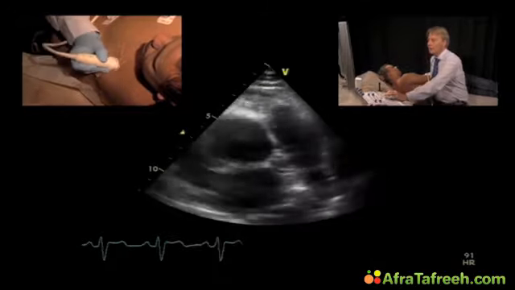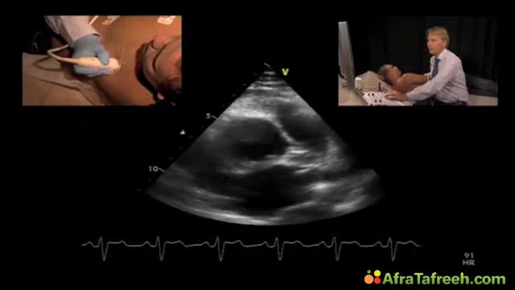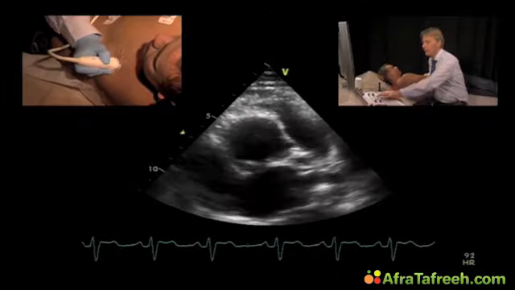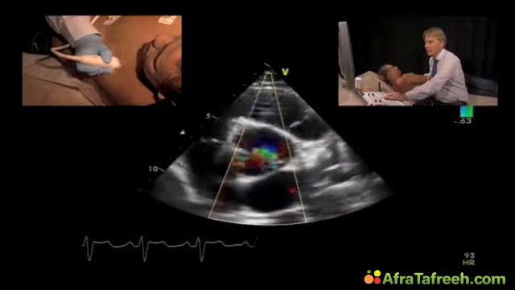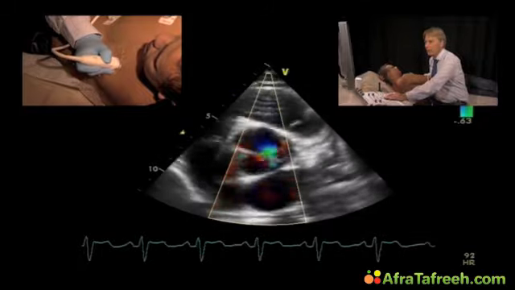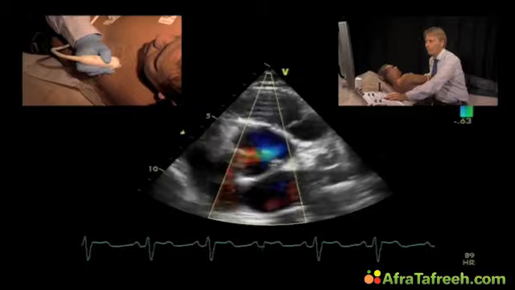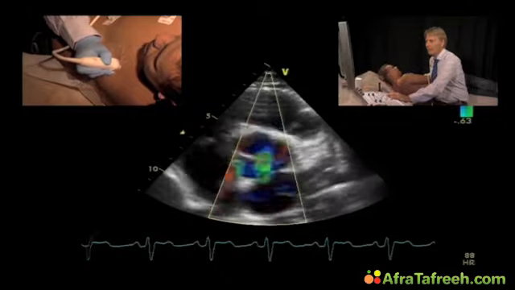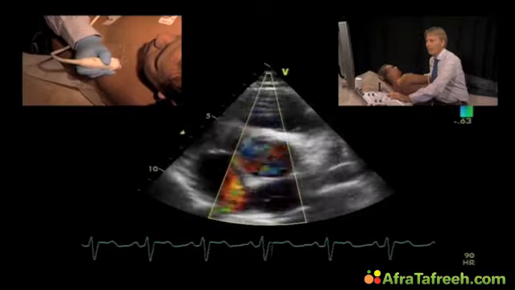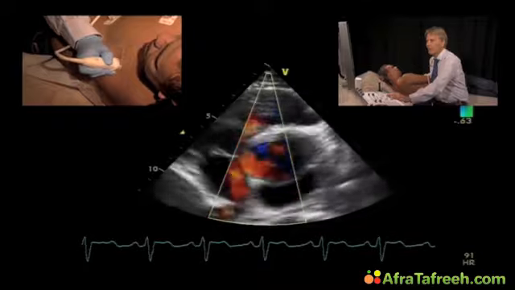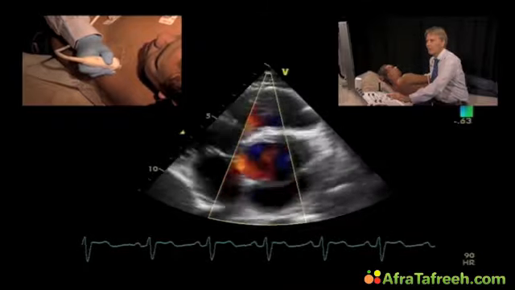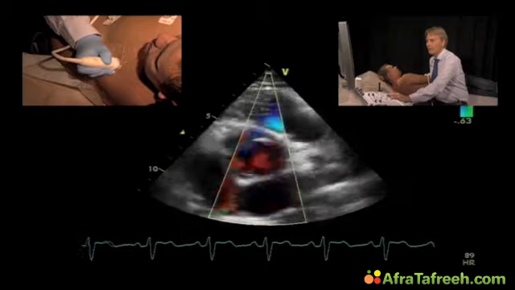We can also take a look at the aortic regurgitation jet in the short axis view. This gives us some information about where the origin of the jet is and also how large the jet is at its origin. So you have to move the transducer up and down to really find the area where the jet originates. Probably somewhere here.